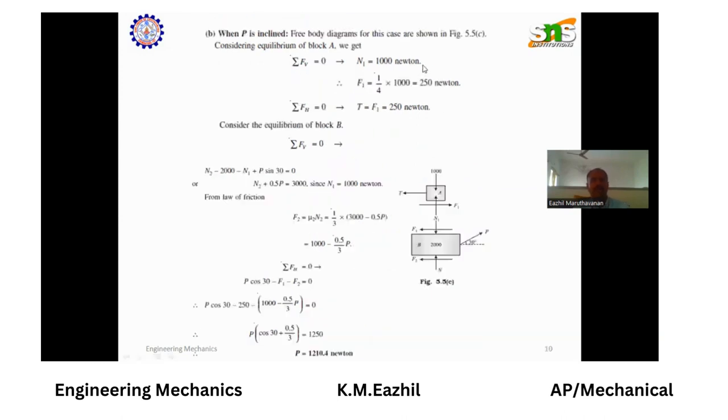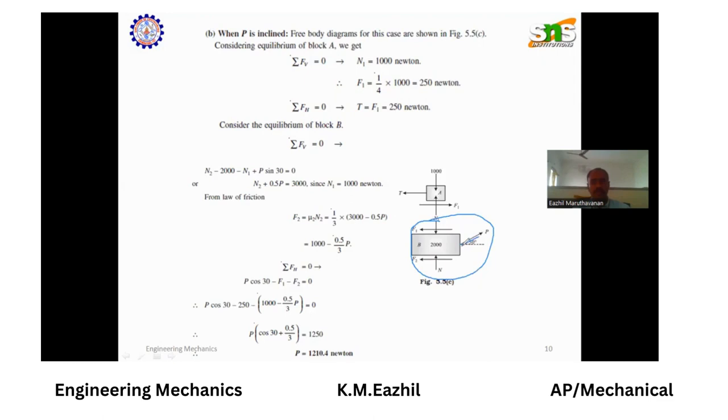Second condition. When P is inclined at an angle of 30 degrees, we have to identify the P value. Here we have to redraw the free body diagram once again for block B. For block B, the P force needs to be resolved horizontally and vertically.